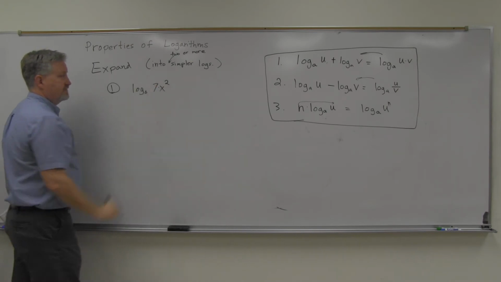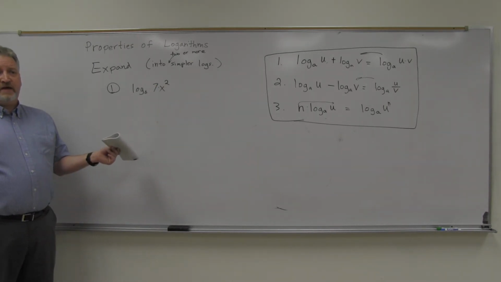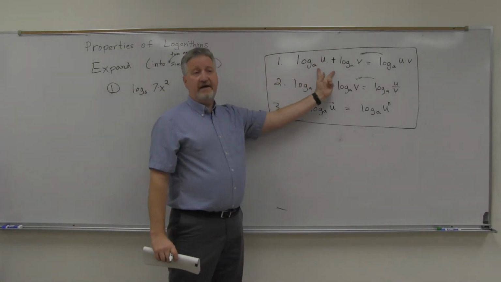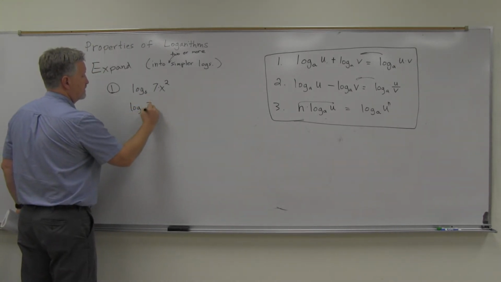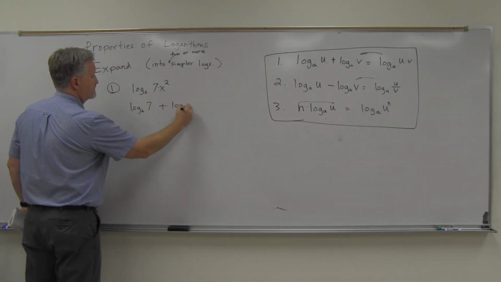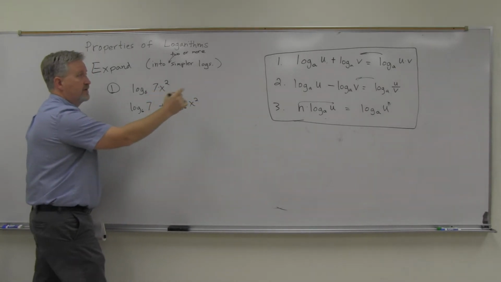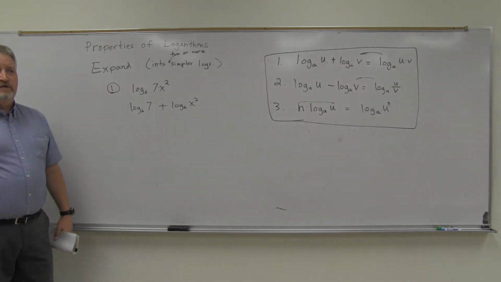Well, I've got 7 times x squared, and so that can be expanded by property 1 into 2 logarithms that are added together. So this would become the log base 6 of 7 plus the log base 6 of x squared. Because those are multiplied together. So that's property 1 kind of in reverse of what we were just doing. Yes?